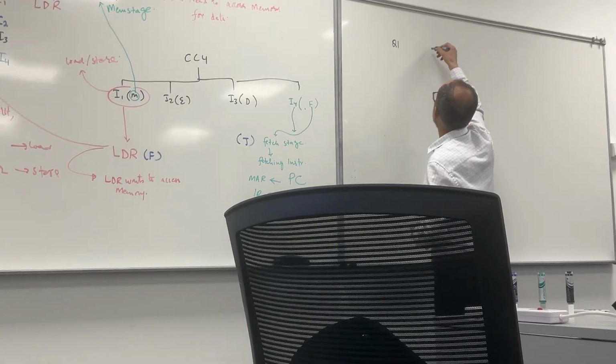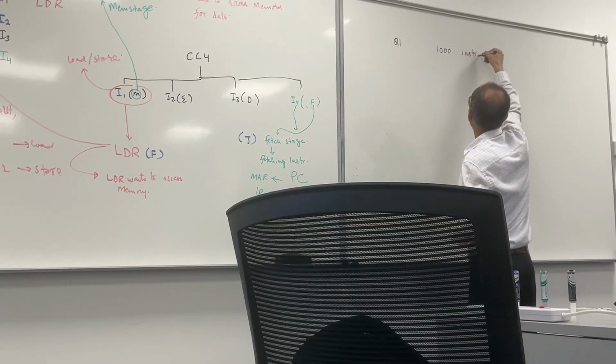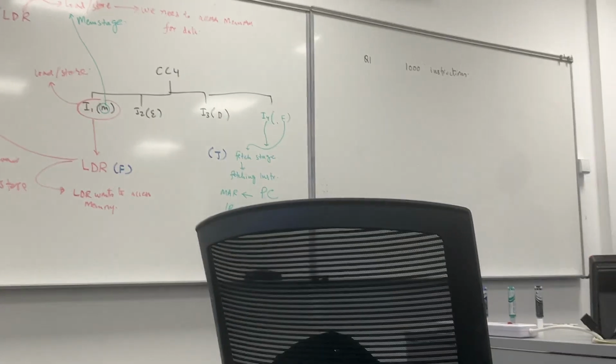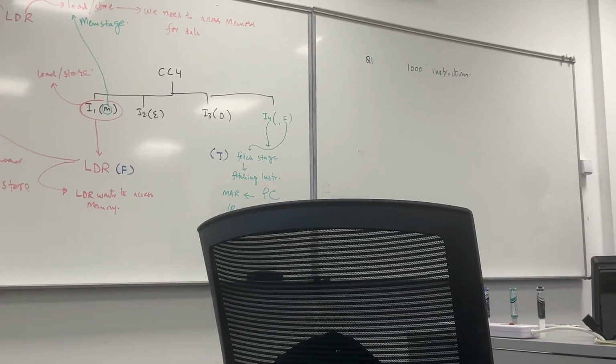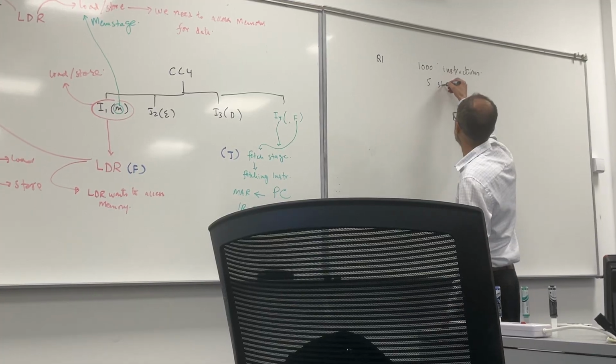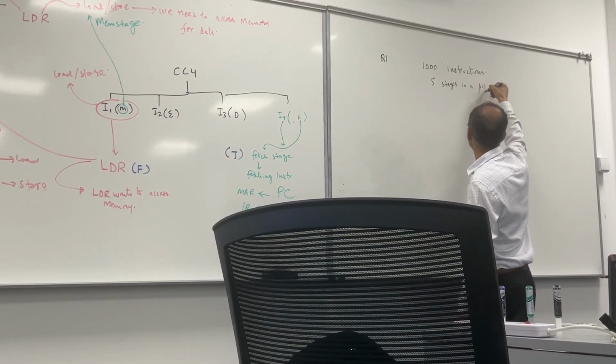Assume there are 1000 instructions. How many instructions are there? 1000 instructions. There are 5 stages in a pipeline.